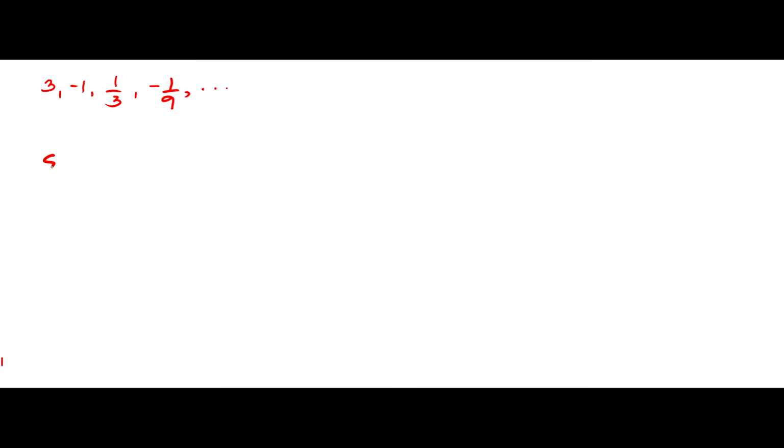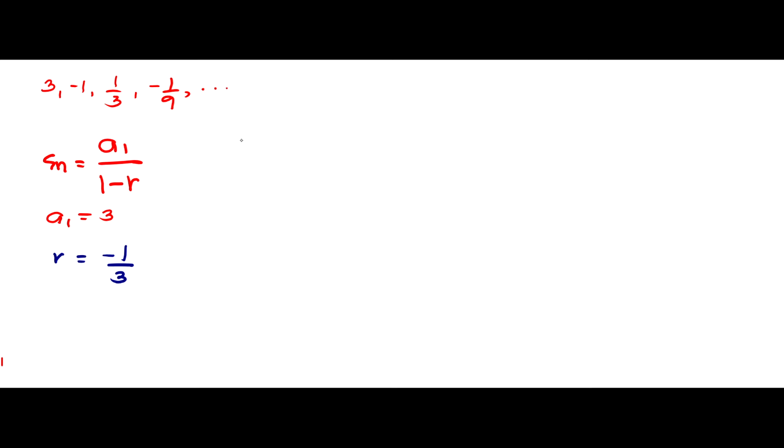The formula is S sub n is equal to A sub 1 over 1 minus R. So, we all know na our A sub 1 is equal to 3. Now, we find our common ratio. So, the common ratio is equal to negative 1 over 3. Therefore, our common ratio is negative 1/3.